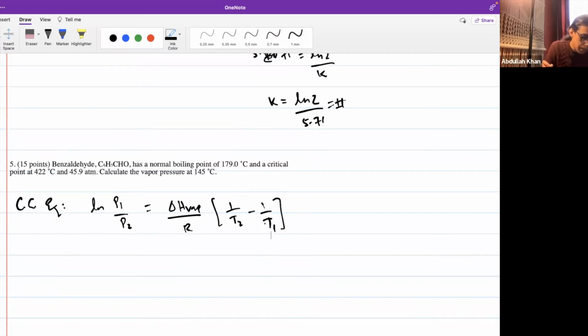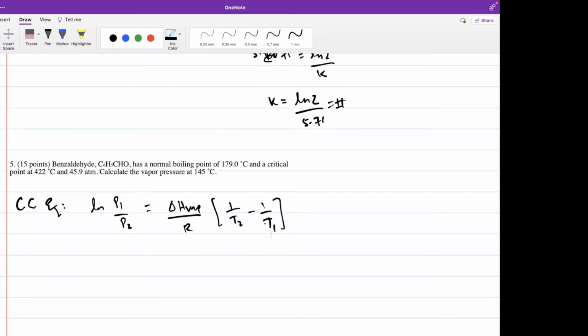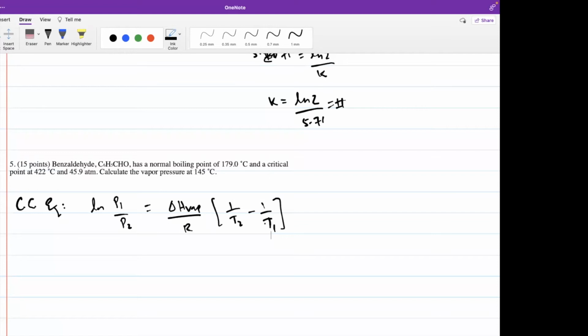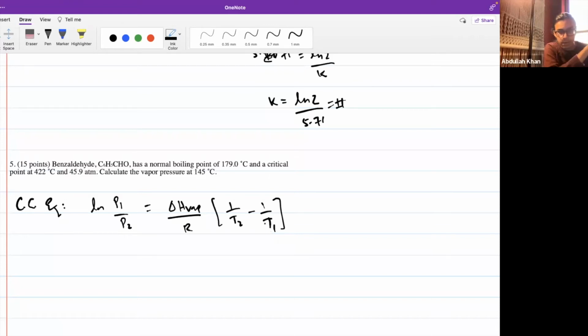So if we start with T2 minus T1, is it always negative in any equation, like the change in H of vaporization? Yes. I think, yeah. You always need to give the substance heat to make it evaporate. Sorry, I don't think I understand your question.